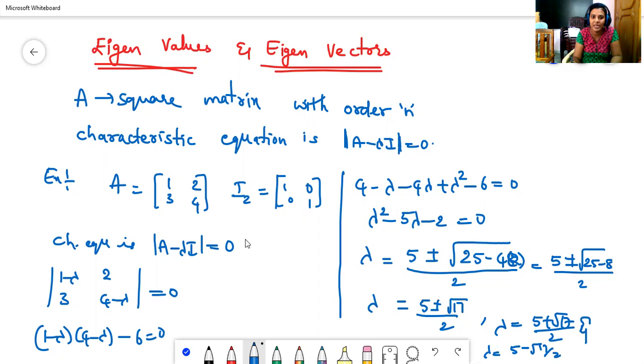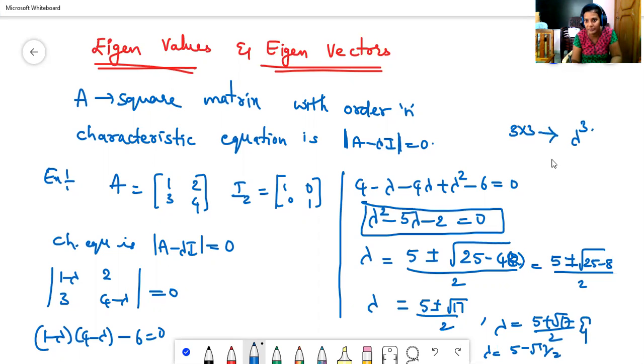If I take any example of a 2 by 2 matrix, you can observe that we get a quadratic equation in lambda. If we select a 3 by 3 matrix, then the lambda power is 3. After solving that cubic equation, we get 3 lambda values, say a, b, c.